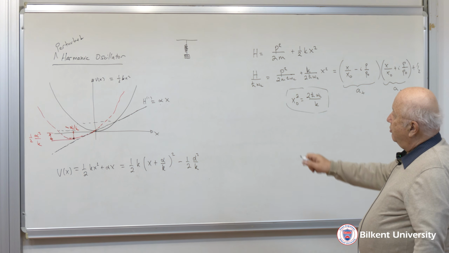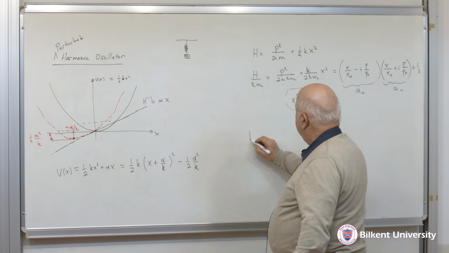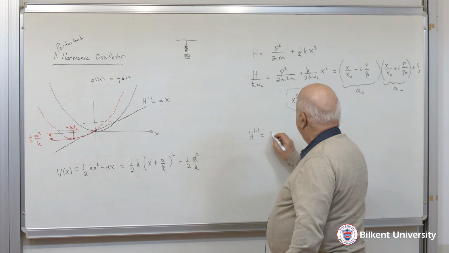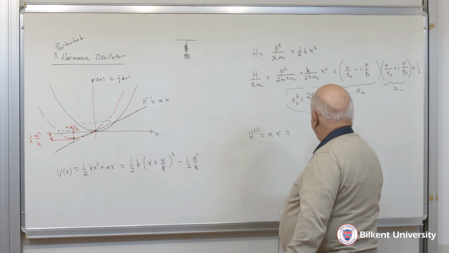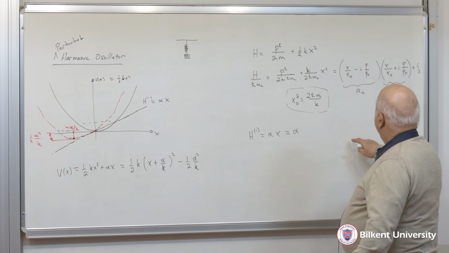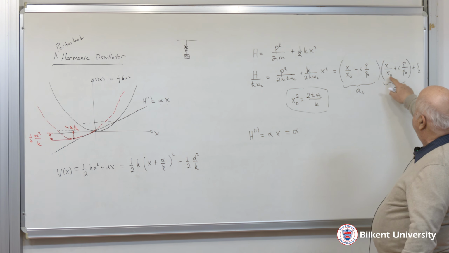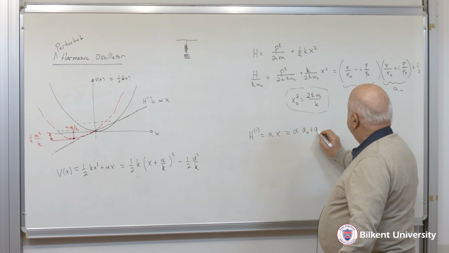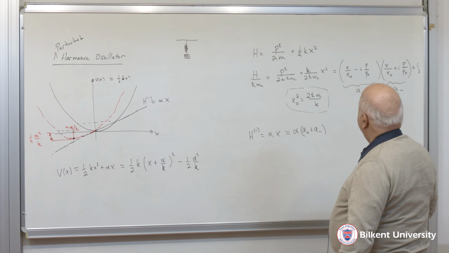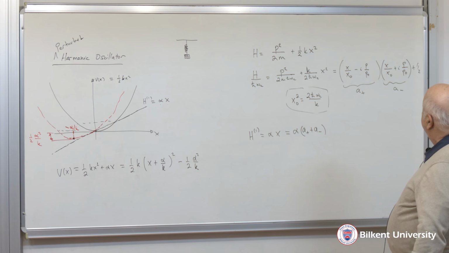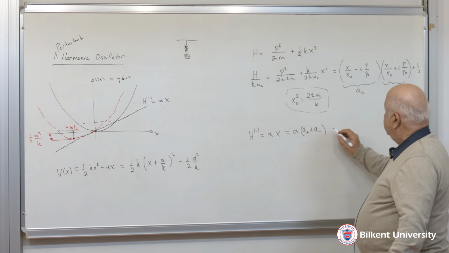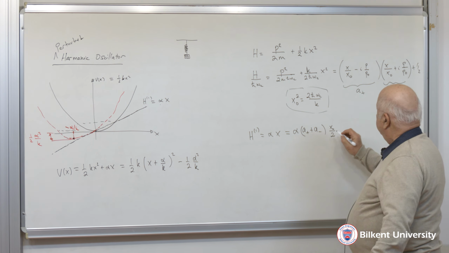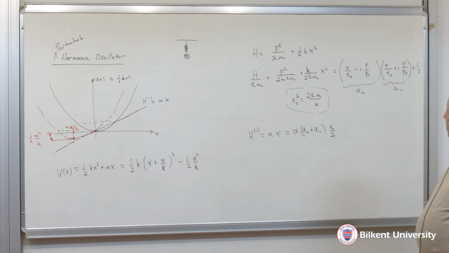All right, so my h1 is equal to alpha times x, which is equal to alpha times, if I just add these things up, a plus plus a minus, okay? But I also need to multiply by x0 over 2, right? So that I get an x there. Okay, please check my algebra.